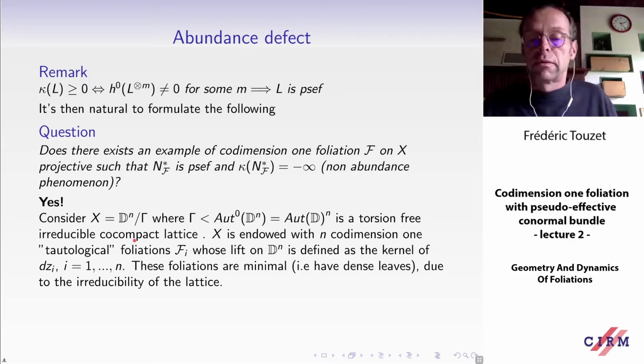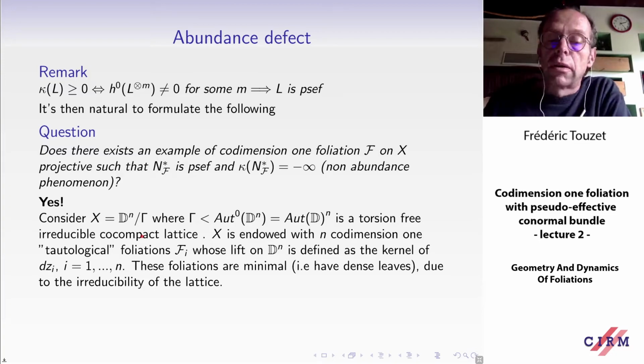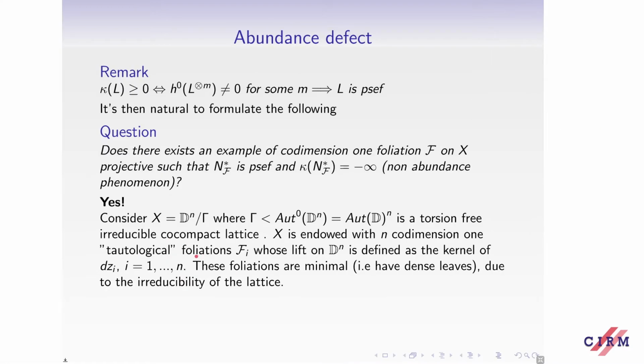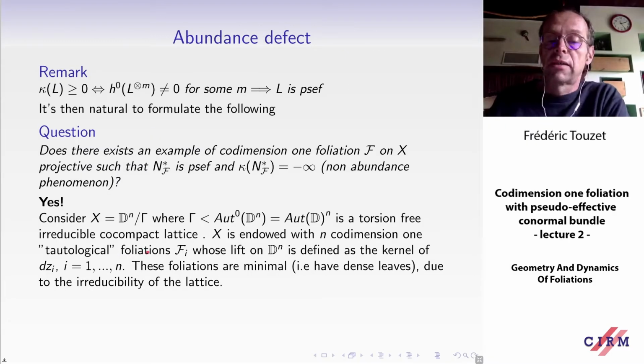Such objects exist, and one sees that X carries naturally n codimension 1 foliations F_i, which I could call tautological. Those are precisely the foliations on X whose lift to the polydisk is defined as the kernel of dz_i.